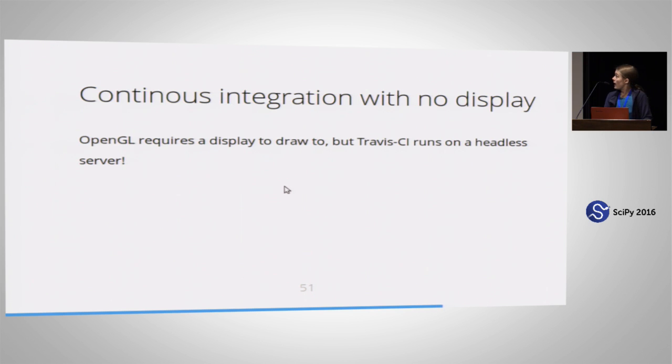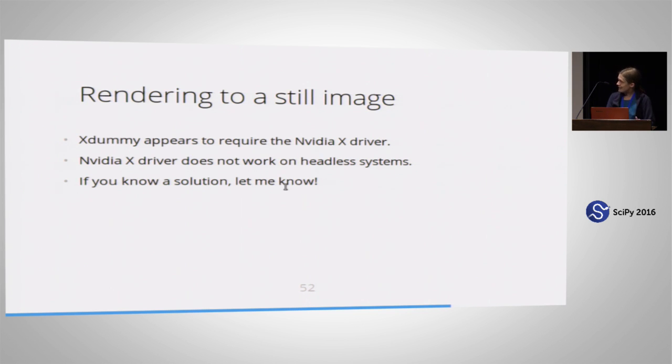Now, this produces an interesting problem in that I want to do continuous integration on a graphics library. OpenGL requires a display to draw to, but Travis CI runs on a headless server. My first idea was just, well, we'll render to a still image. There are packages like XDummy that will purportedly let you render to a still image, but I have not been able to get this working.